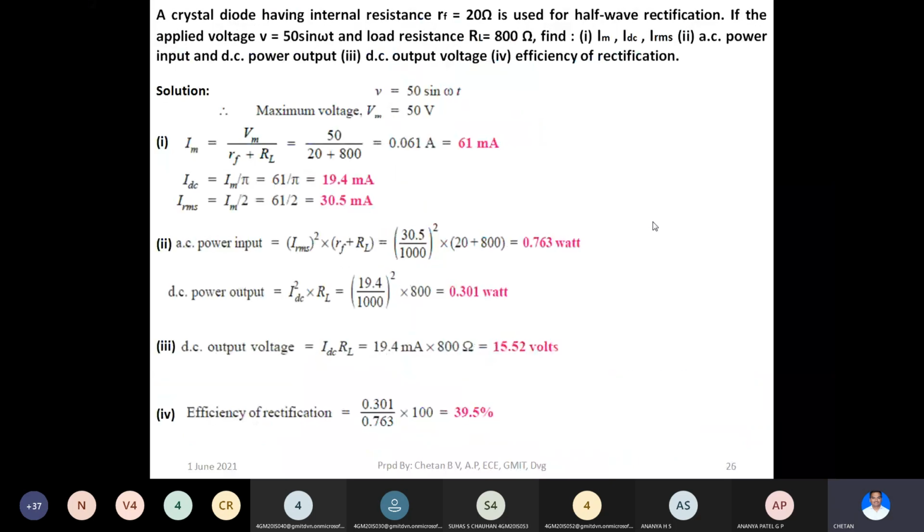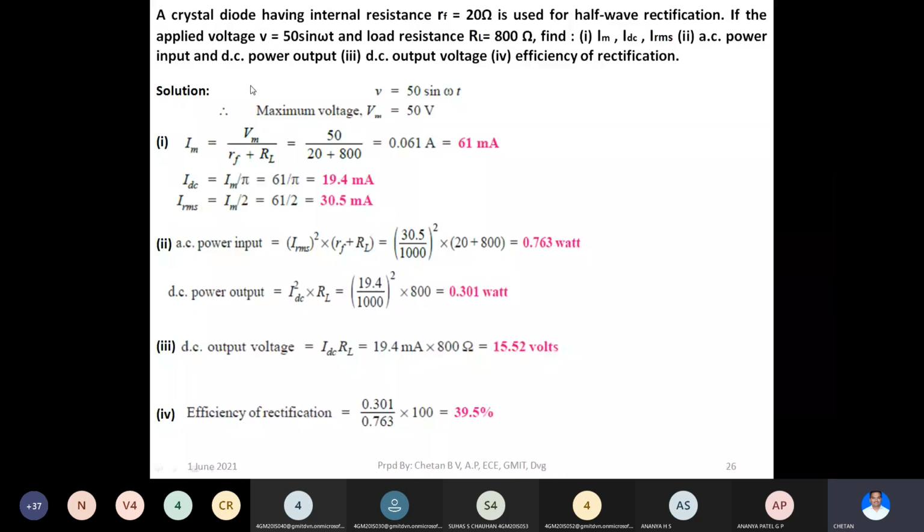So what this problem states is a crystal diode having internal resistance RF. It can be termed as internal resistance or forward resistance. RF, which is equal to 20 ohm, is used for half wave rectification.